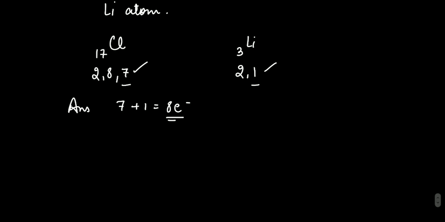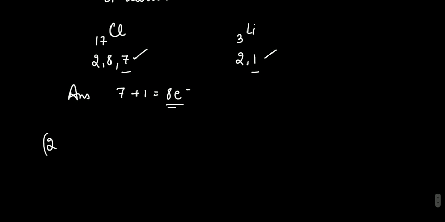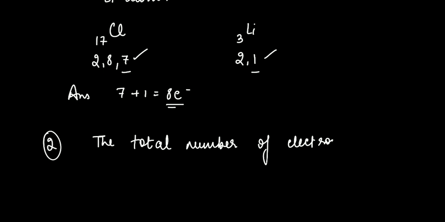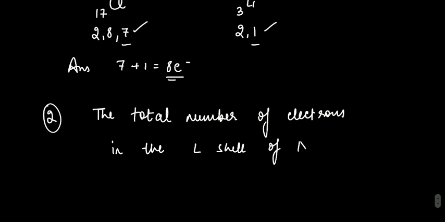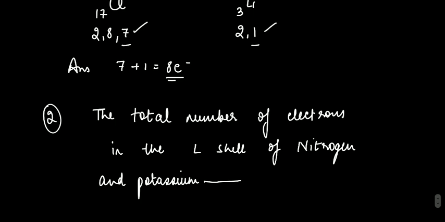Now, if I twist this question slightly: the total number of electrons in the L shell of nitrogen and potassium. So, what is going to be the answer?